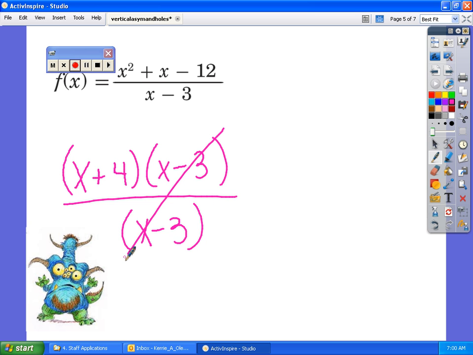The x minus 3 is canceled. That gives me my hole. So x equals 3. Again, I'm not left with anything in the denominator, so I don't have a vertical asymptote.